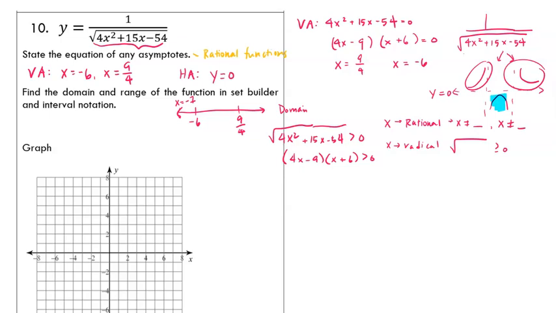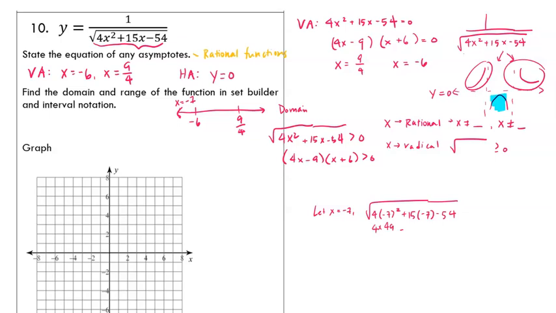Okay, so when I put -7 back into the equation, let's say x equals -7. So we have 4 times -7 squared plus 15 times -7. And all we're looking for is that we get a positive number underneath. So that's going to be 49, 49 times 4.